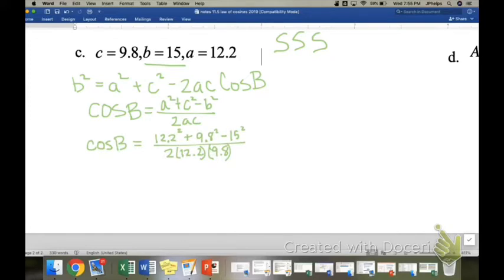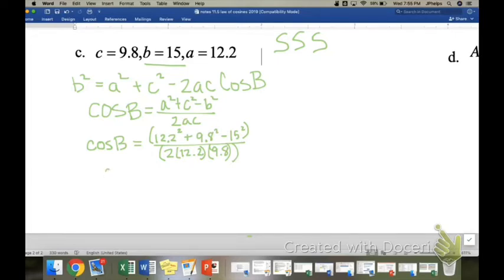And when you're simplifying this, make sure that if you're going to put all of it in your calculator at once, then start out with parentheses, close those parentheses before you divide, and then make sure you divide by this whole quantity, so that also needs to be in parentheses. Or you can simplify it in steps, so do 12.2 squared, 9.8 squared, 15 squared, simplify that, show it, and then keep going.